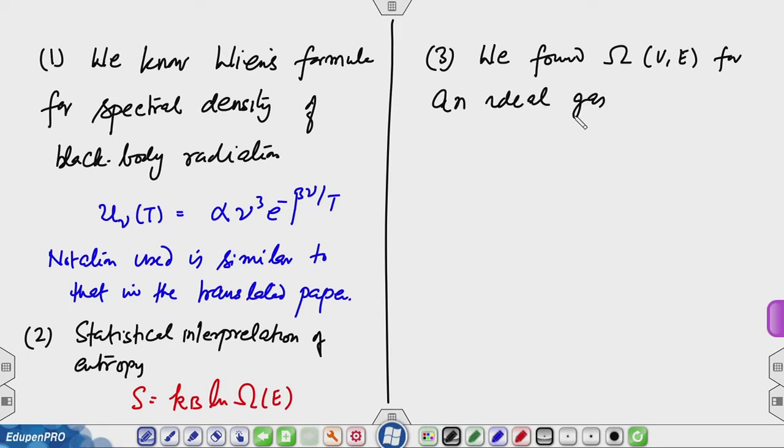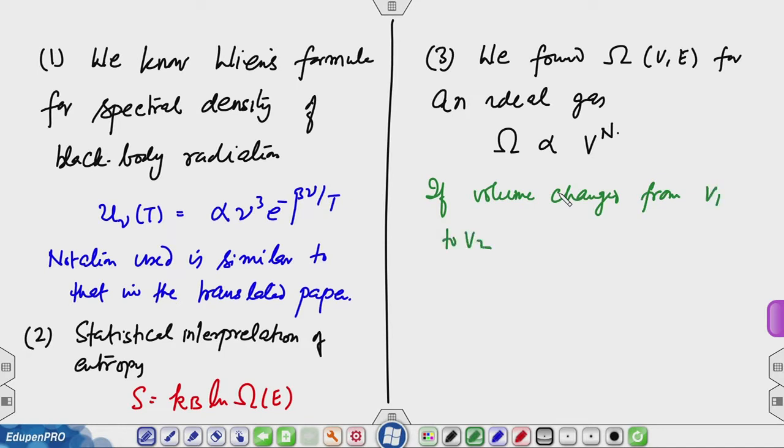And for a given energy, we found that omega was proportional to V raised to n, where V is the volume. And therefore, if volume changed from V1 to V2, this we knew from thermodynamics also as well as from statistical interpretation, S2 minus S1 was equal to n Kb log of V2 over V1.